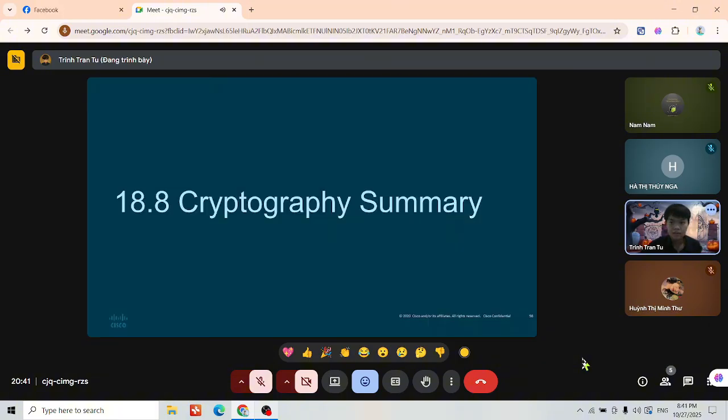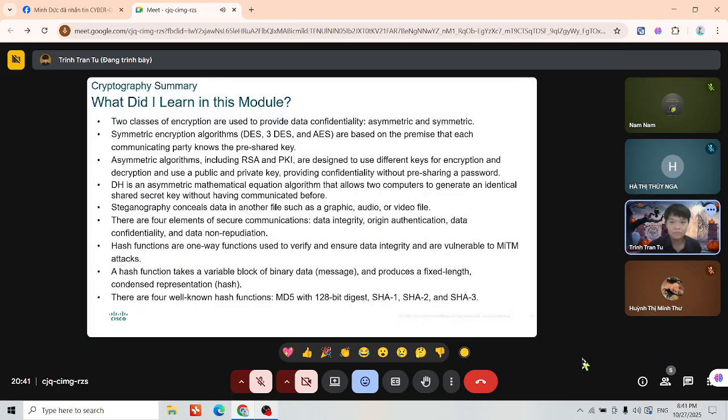And the next, 18.8 Cryptography summary. Number one, what did I learn from the module? I learned about two main types: one, symmetric, and two, asymmetric.